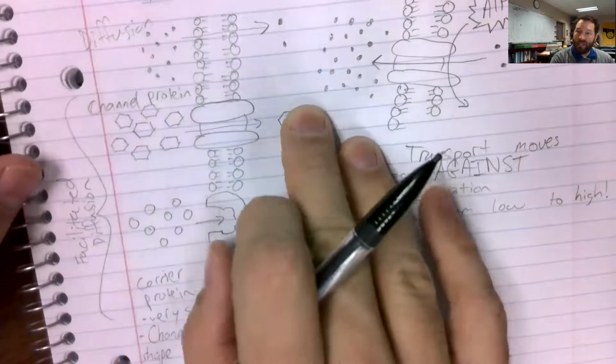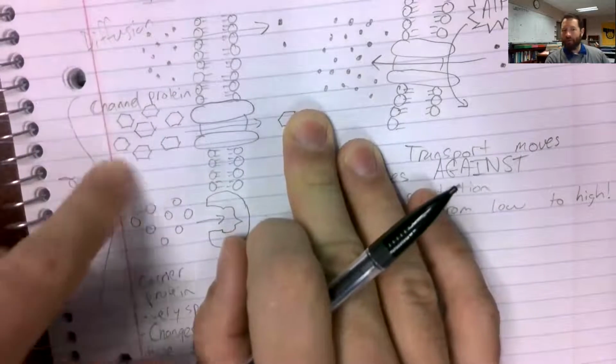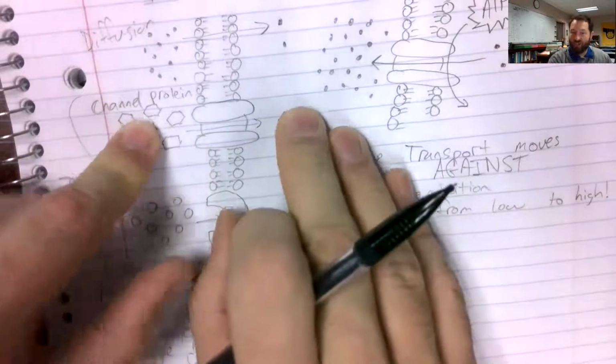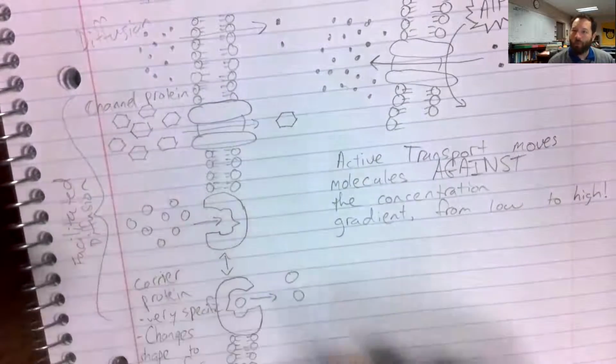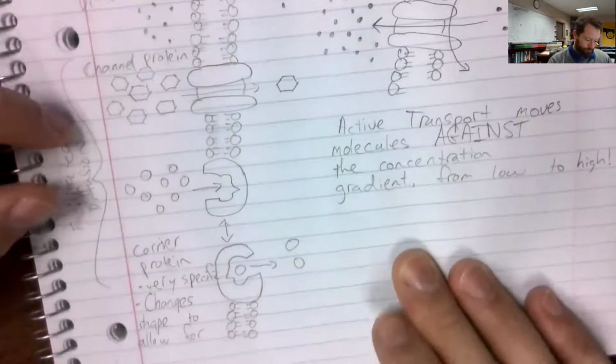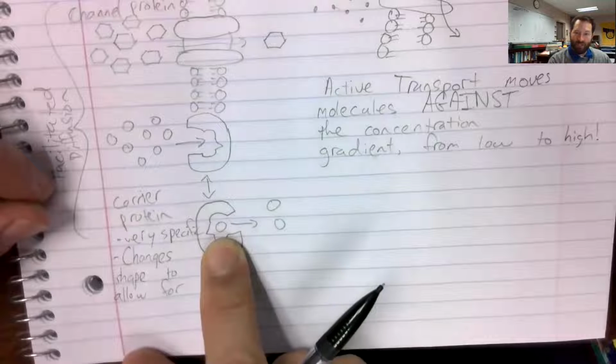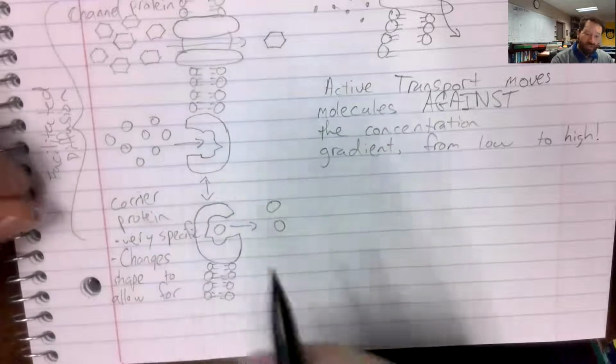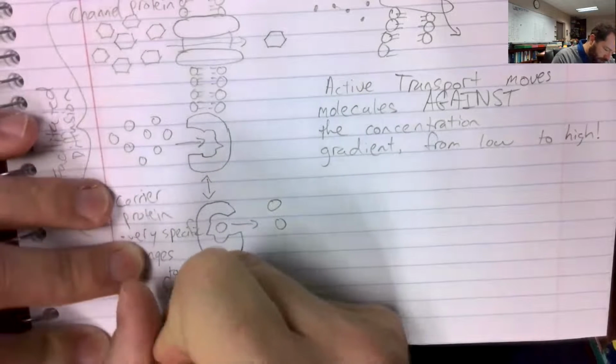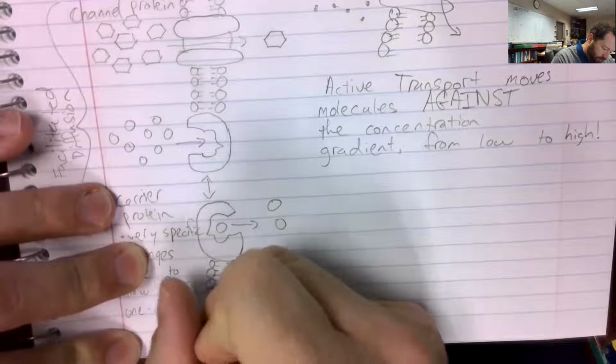So if all these particles flow into the cell, and then all of a sudden you have low concentration outside and high concentration inside, oftentimes a channel protein works both ways. It can just flow right back out of the cell. With a carrier protein, because it opens and closes, it allows for one-way movement.